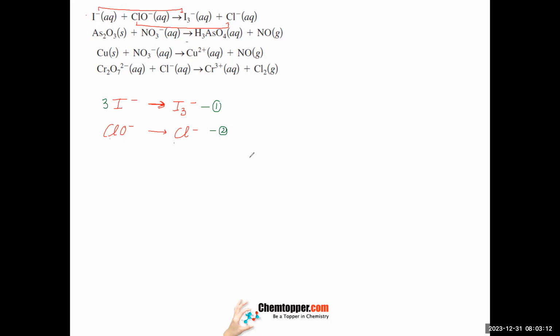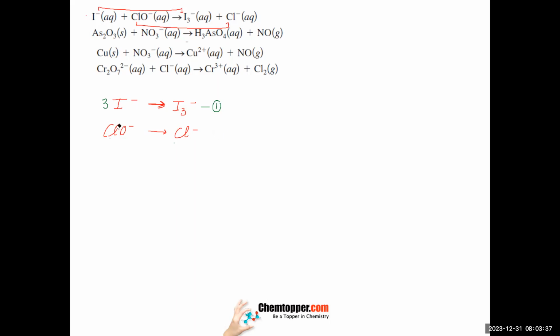Very good. You can simply write in brief. 3 in front of I minus like this, okay? After doing this, balance what? See the rule number 2, B. Balance oxygen by adding water.